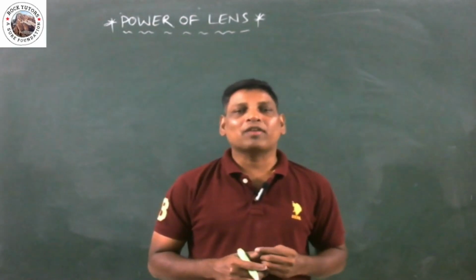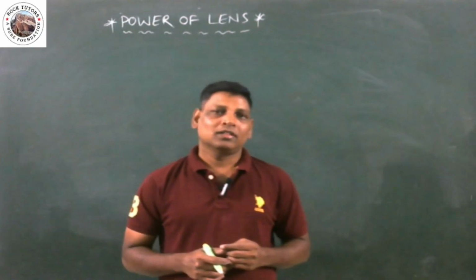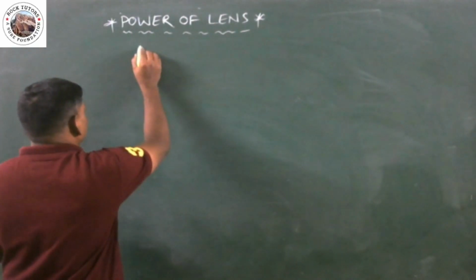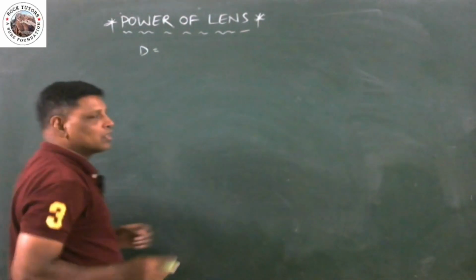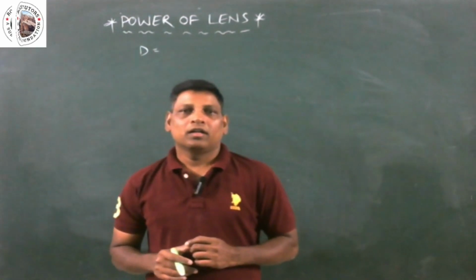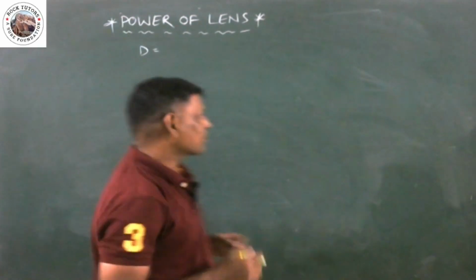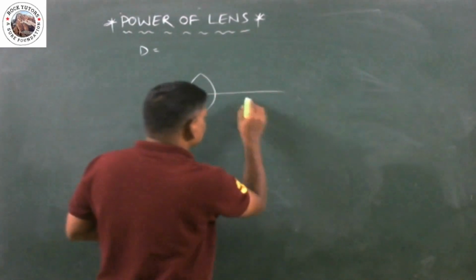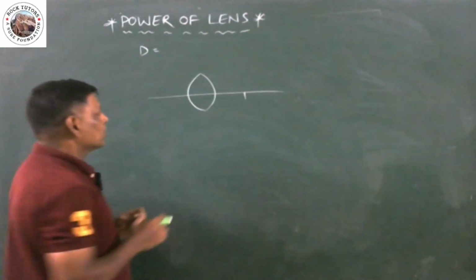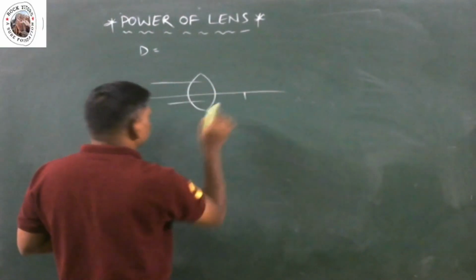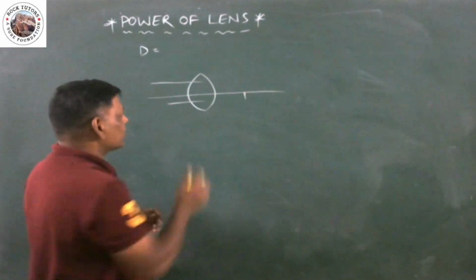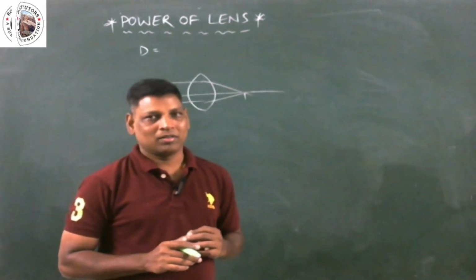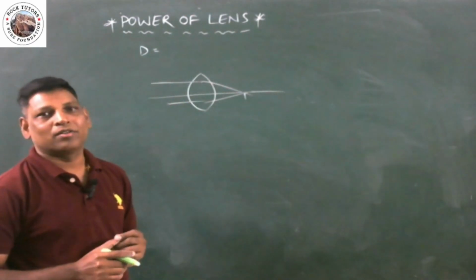The unit of power of lens is diopter, and the symbol we use is D. For a thin lens, if the focal length is less, then the angle of deviation will be more, so the power of lens is also more.